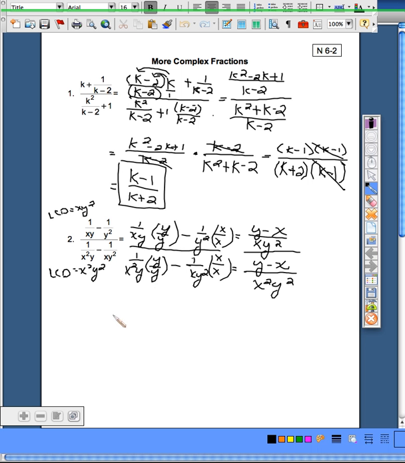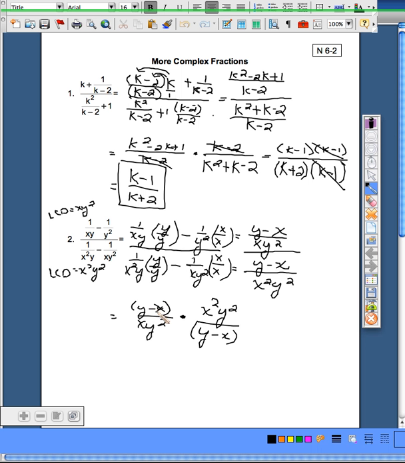So now we're going to take those two fractions, y minus x over xy squared, make it a multiplication problem, and invert the denominator fraction. Now, these are in parentheses because they have a minus sign, or a plus sign. So that has to stay together as a group.